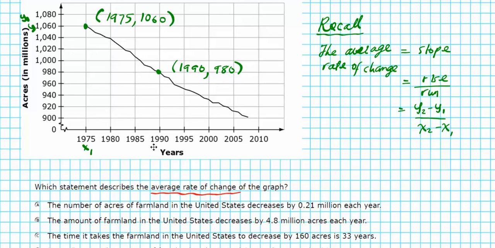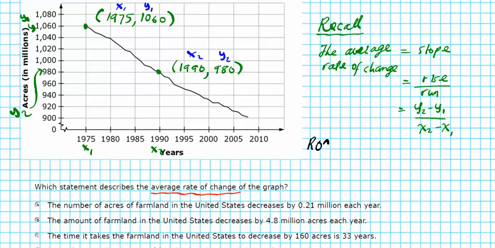So this is going to be our x2, and this will be our y2. Why are we finding x1, y1, x2, y2? Well, we're looking for the rate of change, which is the slope. Same thing. So let's find the rate of change here, or the slope.